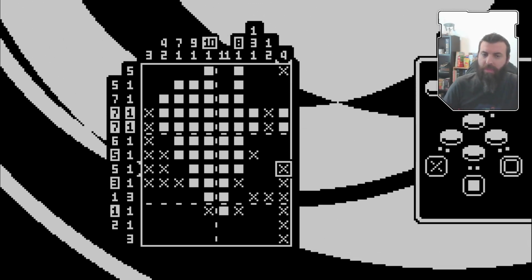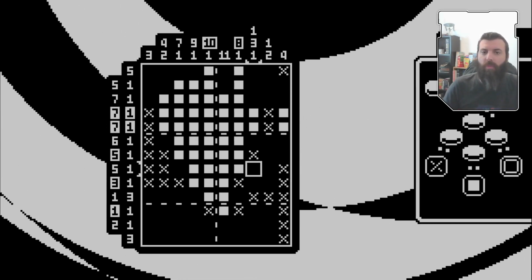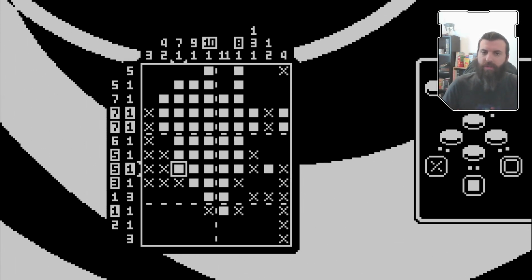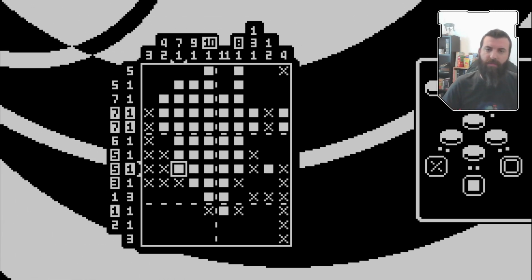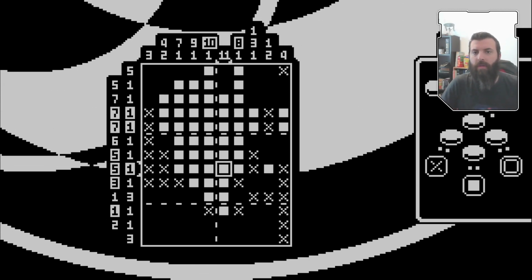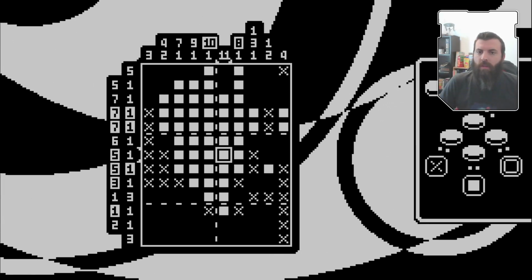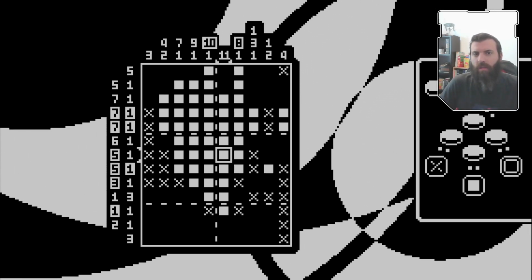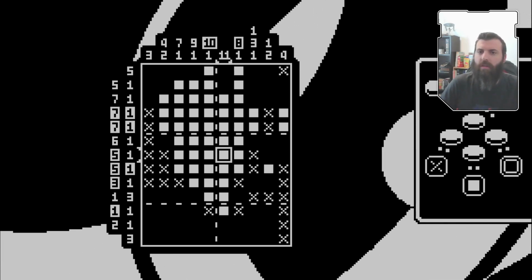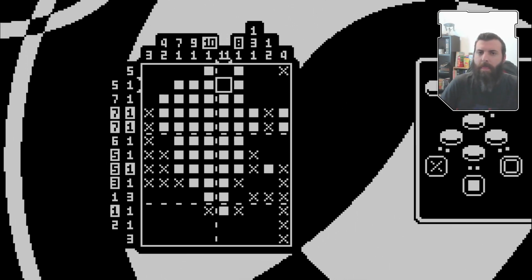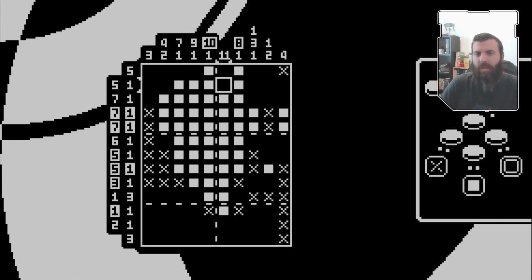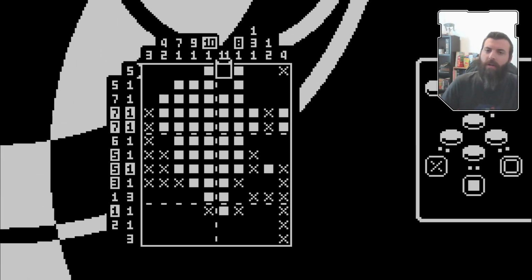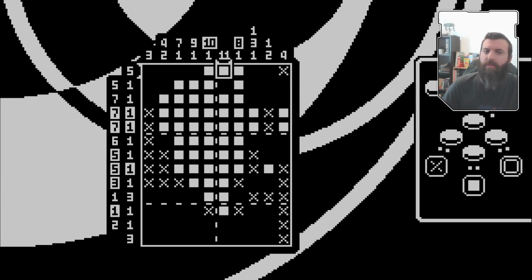Looking at this row with this spot X'd out, we now have only one solution that works for our horizontal 5, 1. Got our horizontal 5 here. This has to be part of the 5.